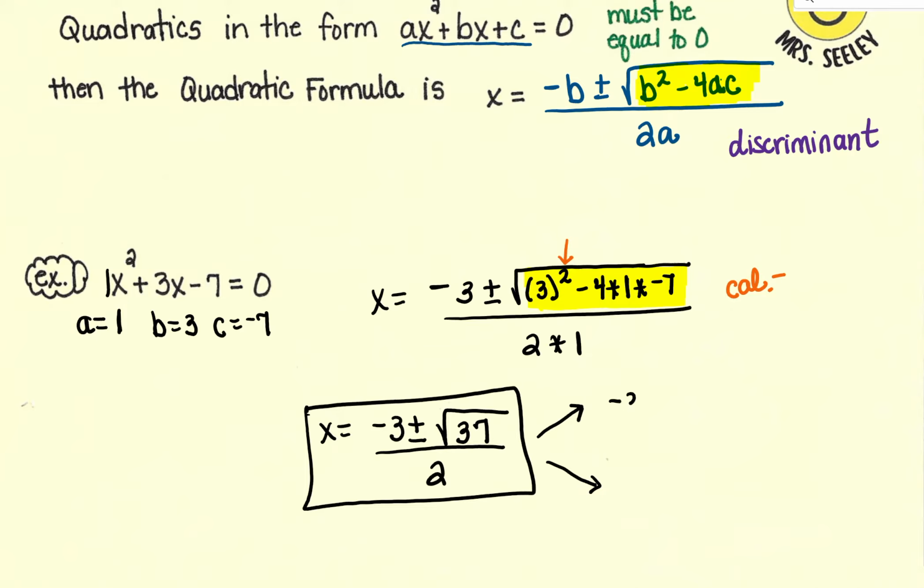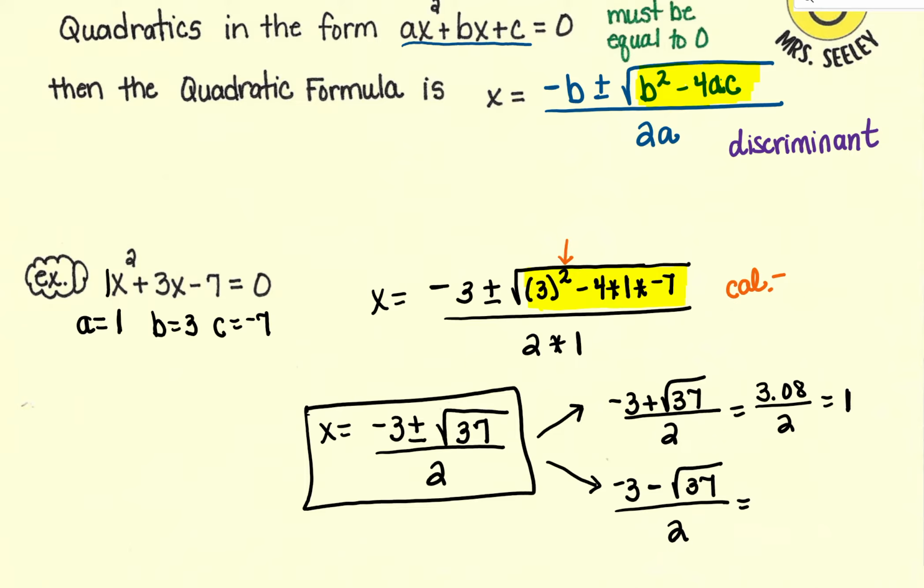The positive says negative 3 plus the square root of 37 all over 2. And then you'll have negative 3 minus the square root of 37 all over 2. Just go to your calculator and say negative 3 plus the square root of 37. You'll get like 3.08 rounded, divided by 2, and you'll get 1.54.